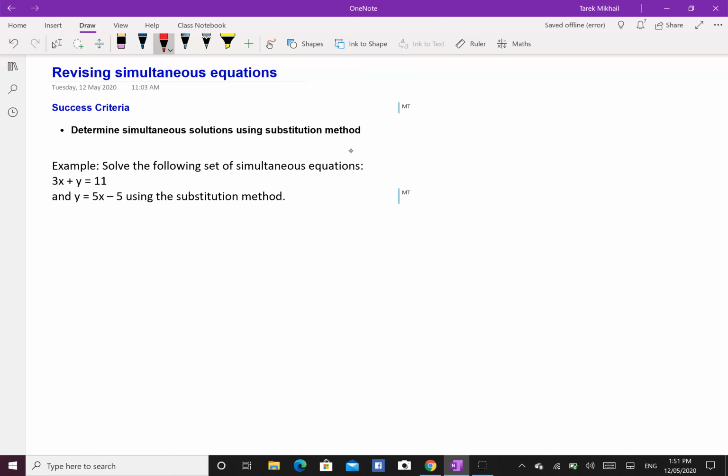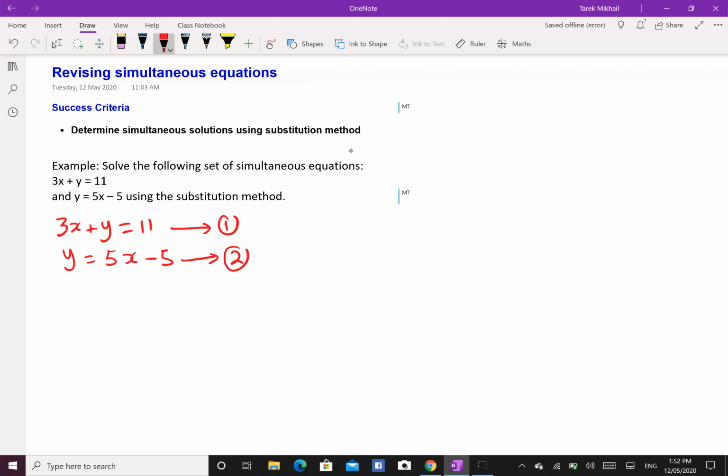So 3x plus y equals 11, I'm going to call equation 1, and the other one, y equals 5x minus 5, I'm going to call equation 2.